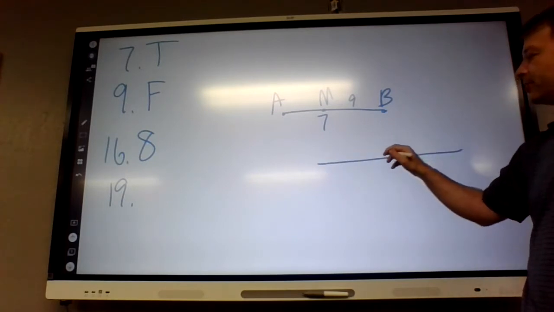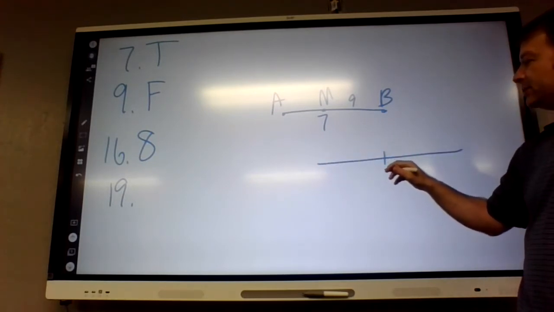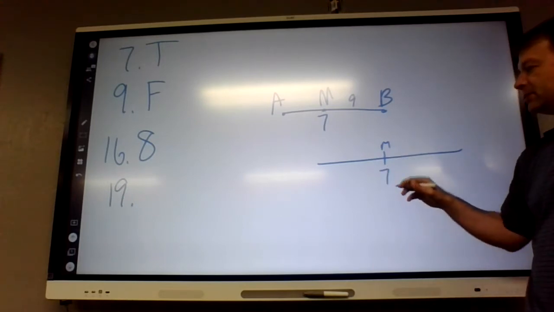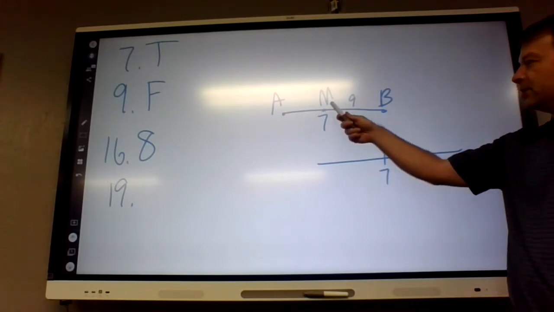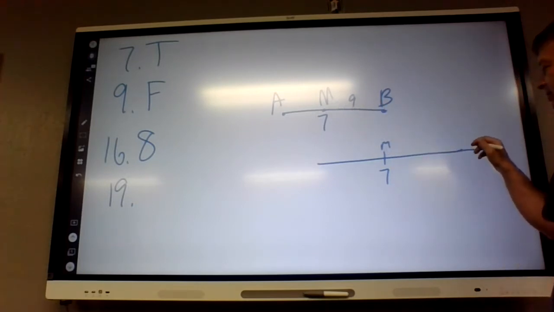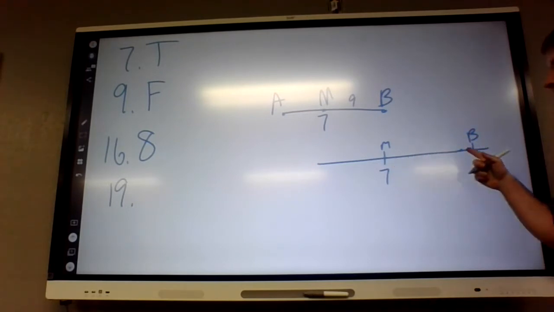Talking about a number line. M is at 7 on the number line. The length of MB is 9. So B would be 9 to the right of 7. So it would be 16.